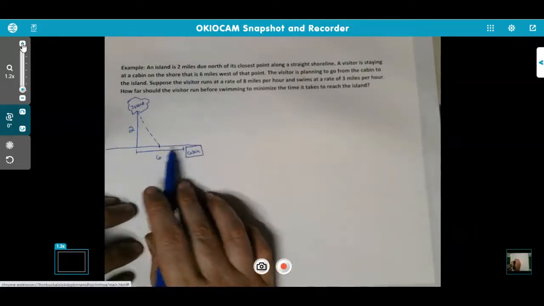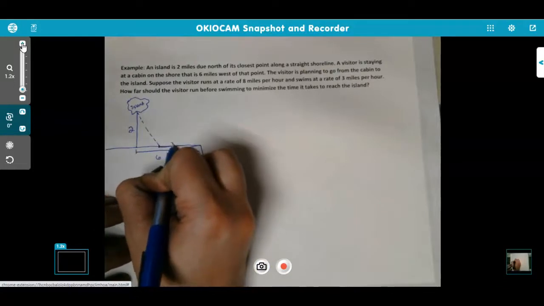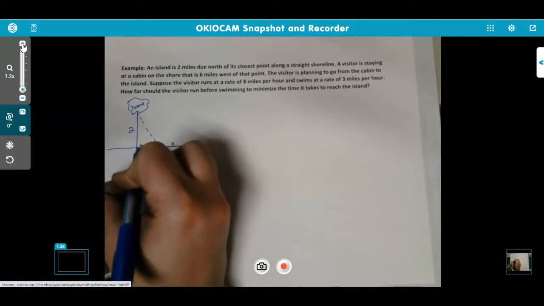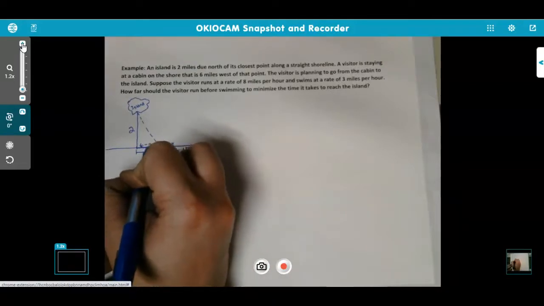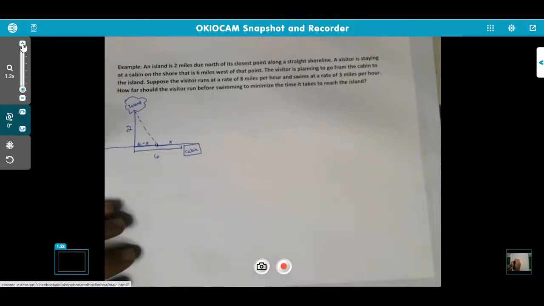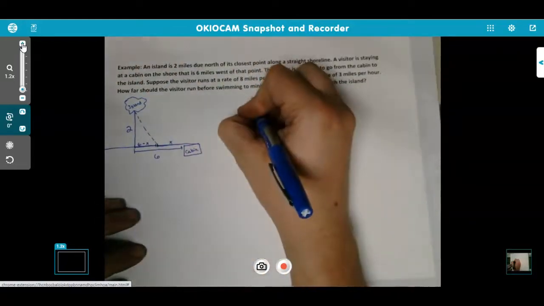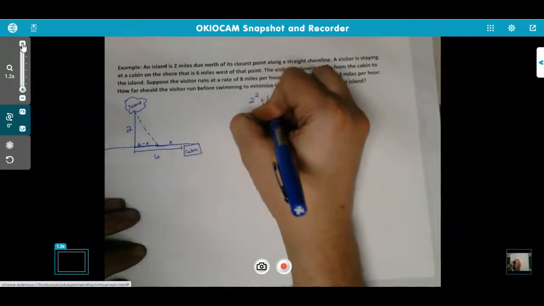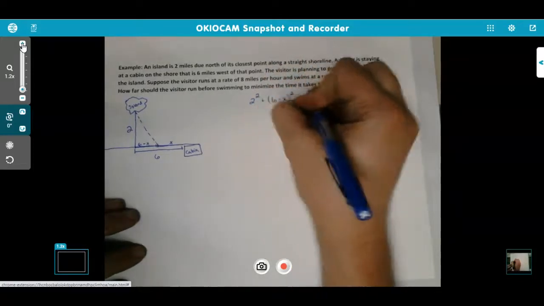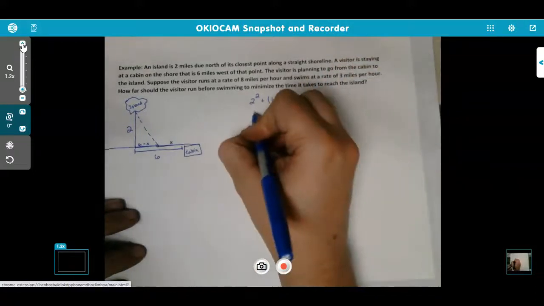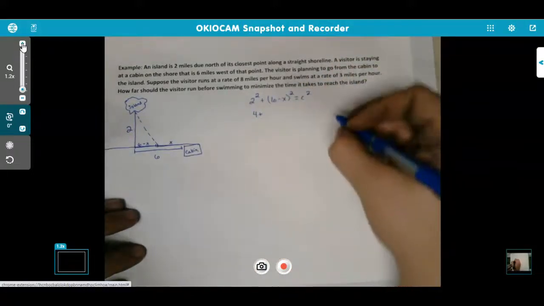I want to know how far he should run. So I'm going to let this length be x, and therefore this length is the total 6 minus x. To figure out this side length, we use the Pythagorean Theorem. 2 squared plus (6 minus x) squared is equal to that side length squared, c. So that's 4 plus (6 minus x) squared.